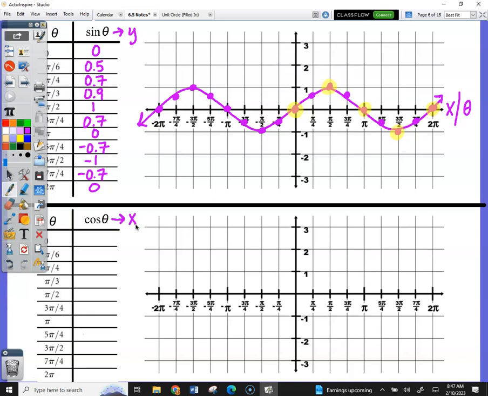You will notice we have the same type of answers: 1, 0.9, 0.7, 0.5, or 0, or negatives. At 0, the x coordinate's 1. At pi over 6, it's going to be 0.9. Pi over 4 is 0.7. Pi over 3 is a half. Due north is 0.